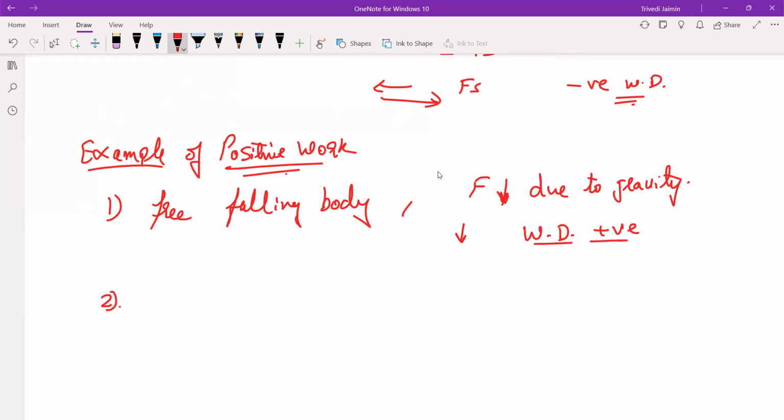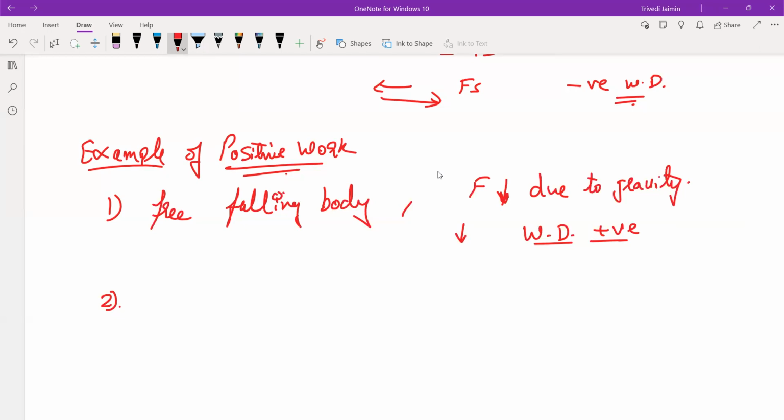Second, pushing a light object, exactly, a light in weight object. What about a spring? Generally, if we are pulling a spring, is it positive work done or negative work done?